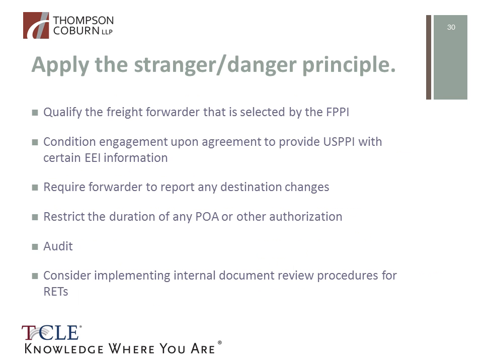Apply the stranger danger principle. I look at it this way. Sometimes on an export, the U.S. principal party in interest is required to use a freight forwarder selected by the buyer that may not be known to them. And I think it is reasonable for the U.S. principal party in interest to qualify that freight forwarder.